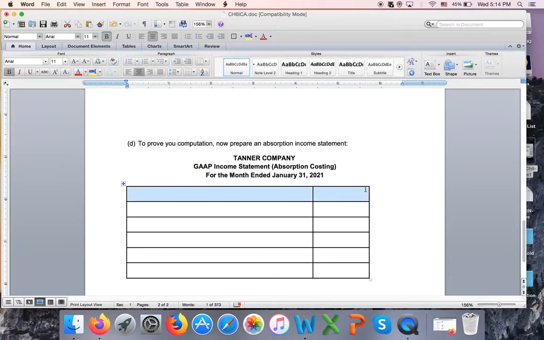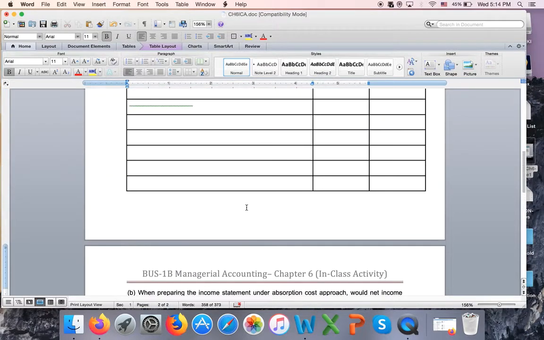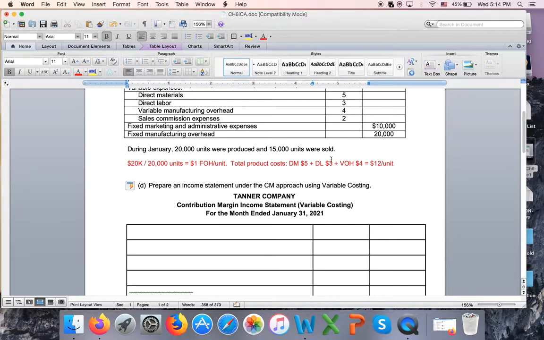The first line, sales, will remain the same under both methods. We sold 15,000 units at $21, right? Now cost of goods sold is a little tricky here. Cost of goods sold includes $12 of product costs plus that $1 of fixed cost.